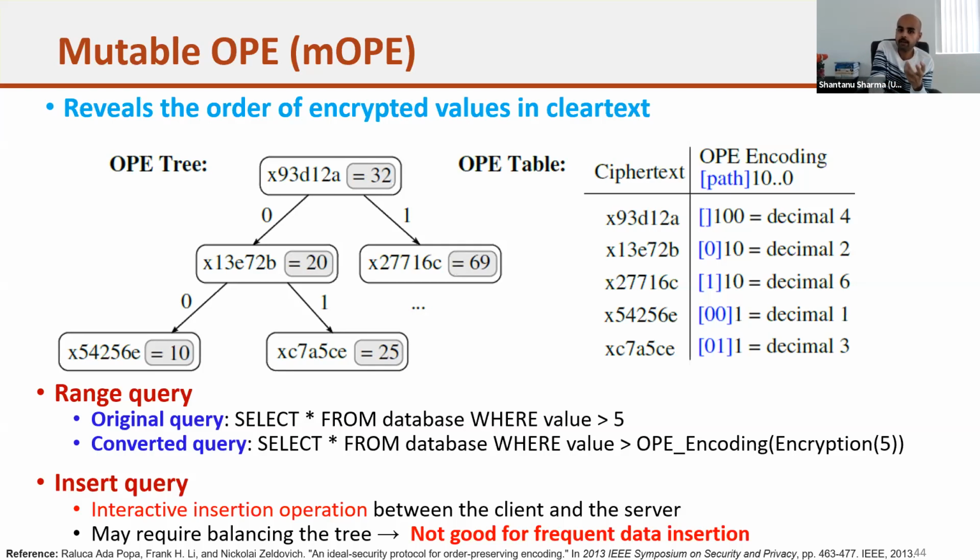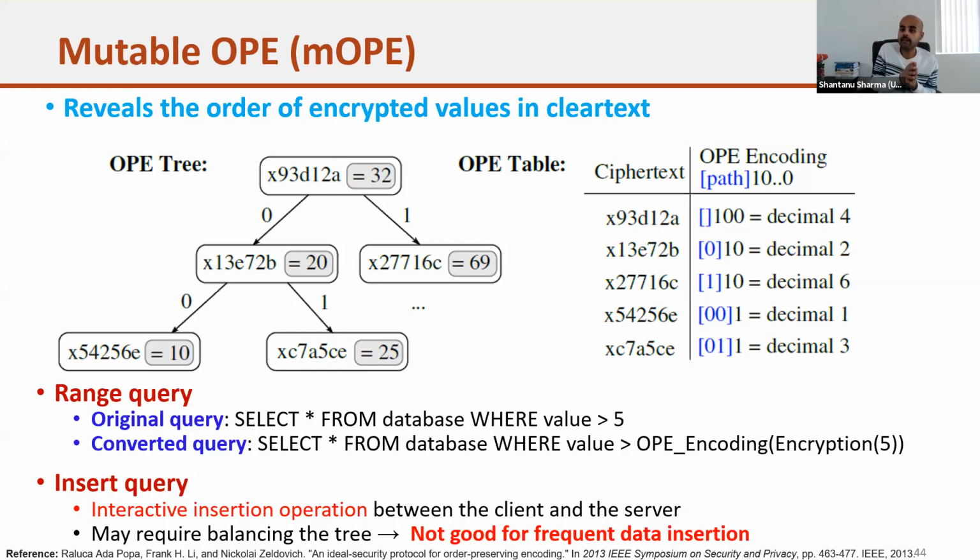First, I will encrypt the value 5, and then I will find the OPE ordering of 5. For example, just like written here, 4, 2, 6, 1, 3, is one of the orderings I will find for OPE of 5. Based on this, I will ask: whatever values you have with ordering more than the ordering of 5, please send me. Since the cloud can see all the orderings, it will send you all the values.